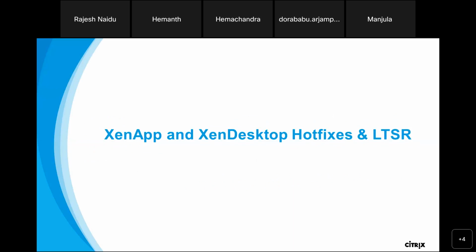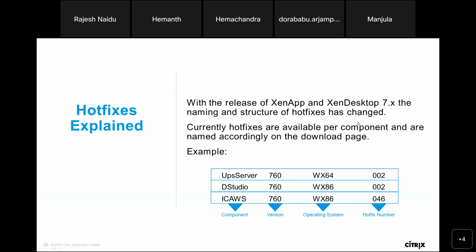Coming to XenApp XenDesktop hotfixes and LTSR. How can you identify the hotfixes? The first name you see, like UPS server, DStudio, ICAWS, is the component. After that, whatever number is shown is the version.